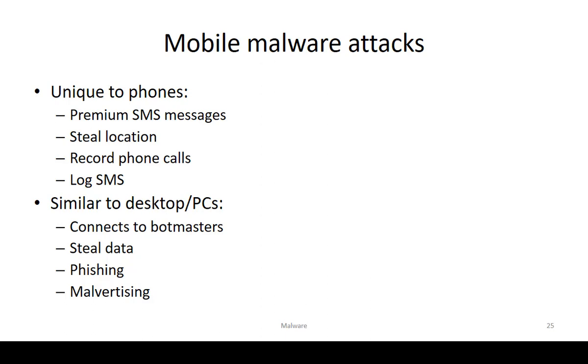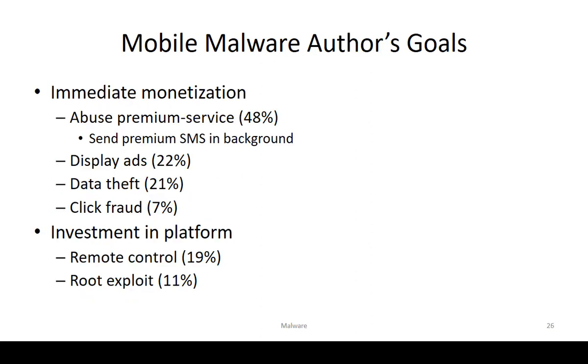And in general, mobile malware is similar to malware for desktops or PCs. You can connect to a bot master. You can steal data. You can be involved in phishing or bad advertising. And what kinds of goals do malware authors have? Well, they might want to get money immediately.